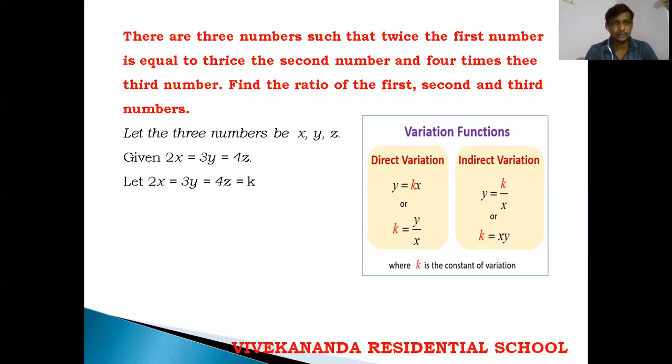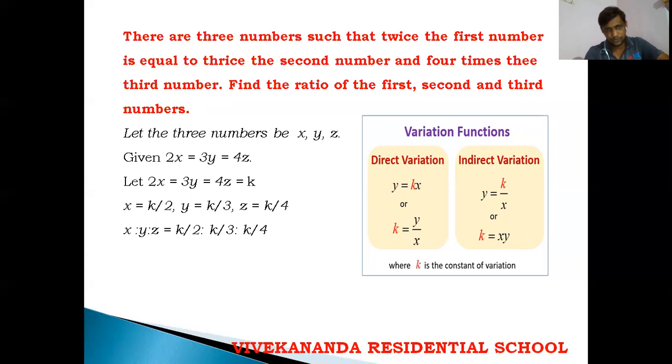Now 2x equal to k, so x equal to k by 2, y is equal to k by 3, z is equal to k by 4. Now x is to y is to z is equal to k by 2 is to k by 3 is to k by 4. Now do the LCM.